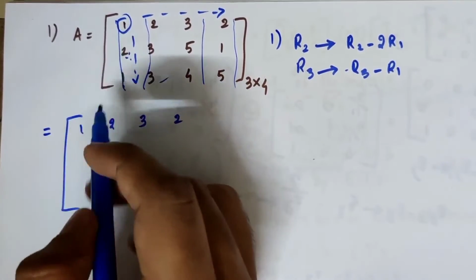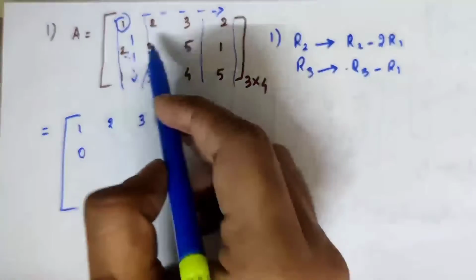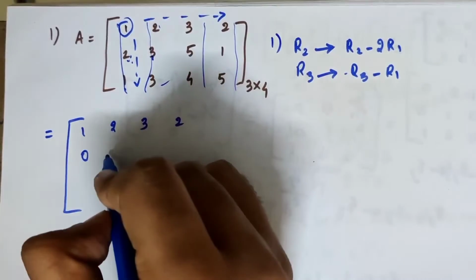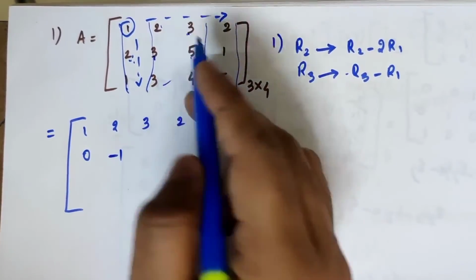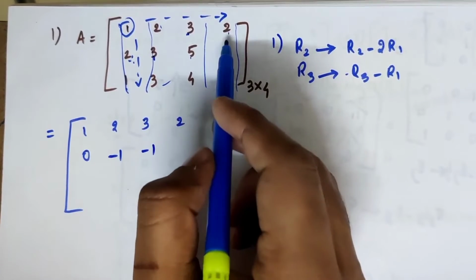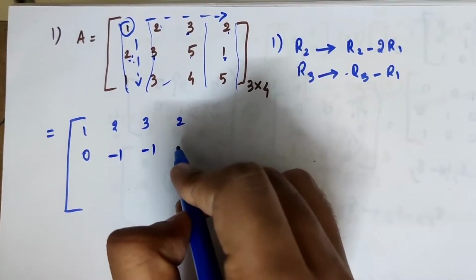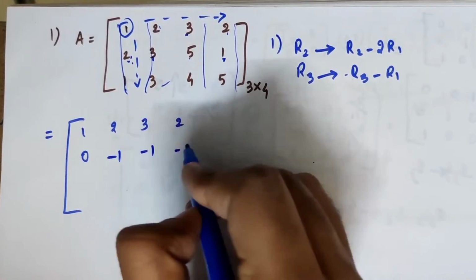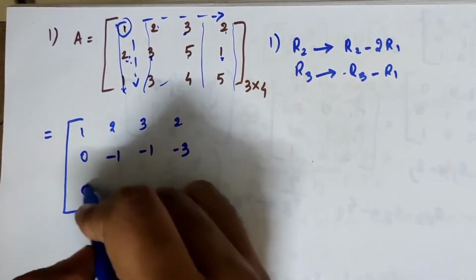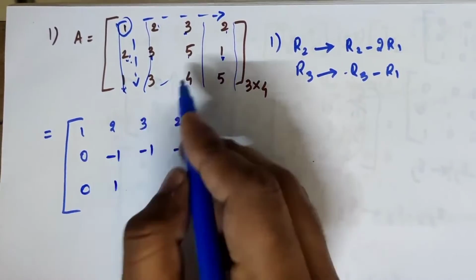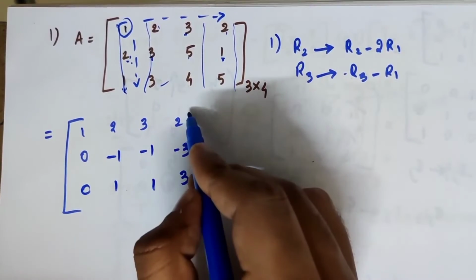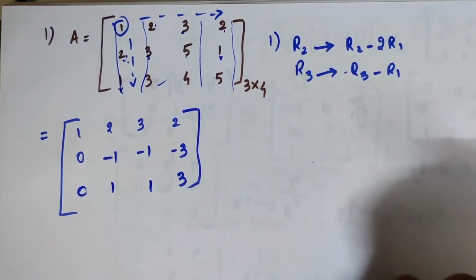So 2 minus 2 is 0. 3 minus 4 is minus 1. 5 minus 6 is also minus 1. 1 minus 4 is minus 3. For the third row, 1 minus 1 is 0, 3 minus 2 is 1, 4 minus 3 is 1, and 5 minus 2 is 3.